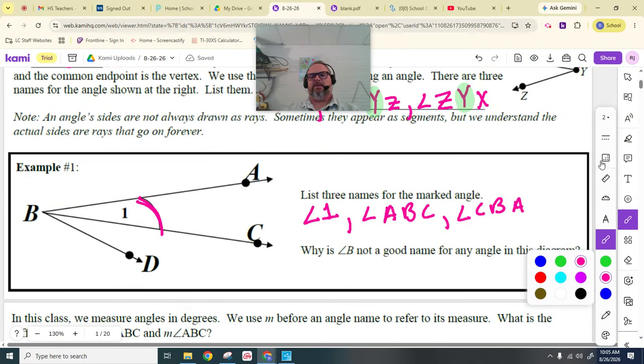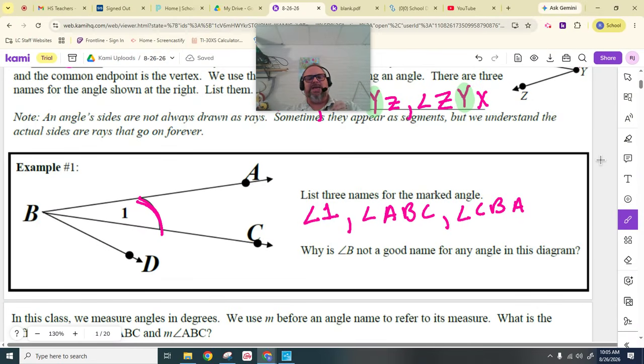Now, so let's look at this one. Why would angle B not be a good name for what we're listing?